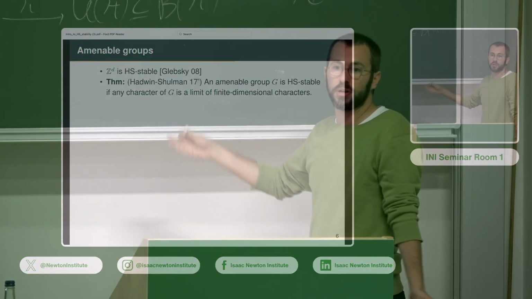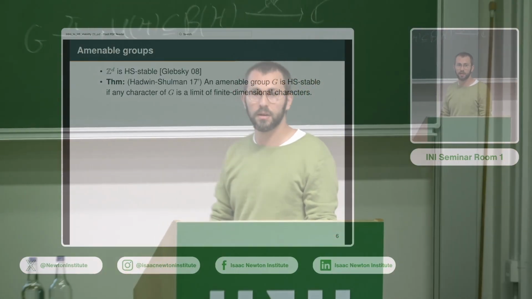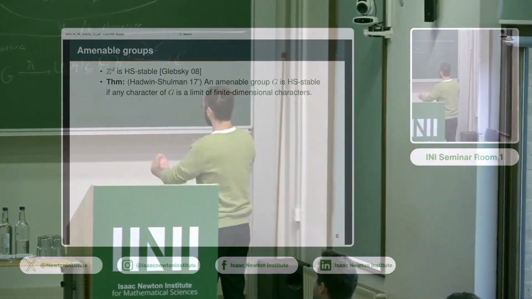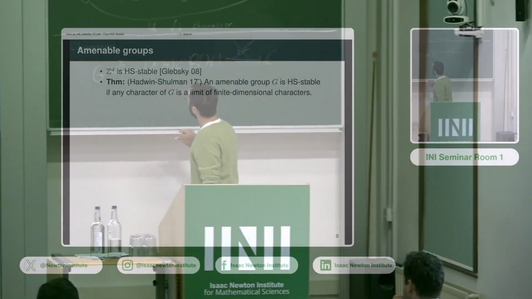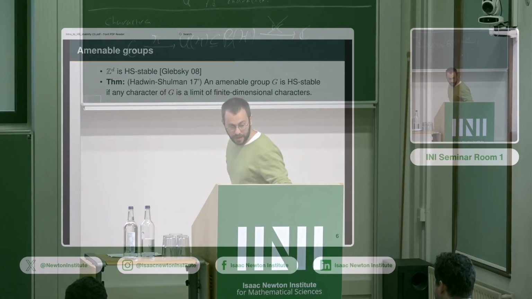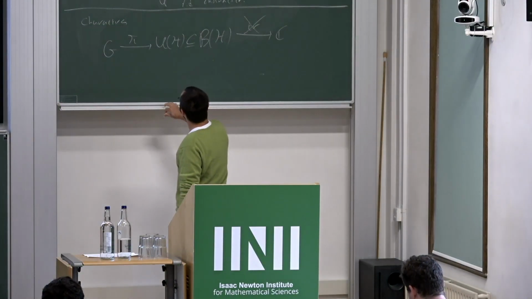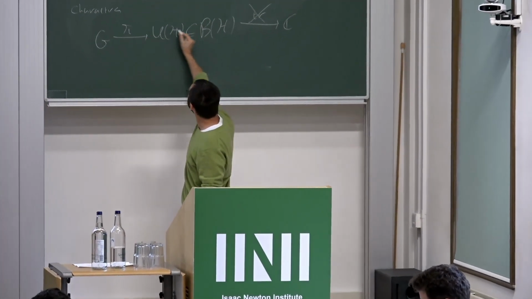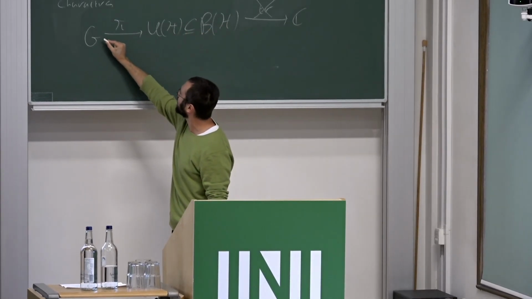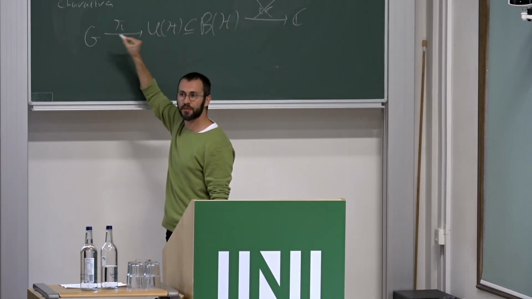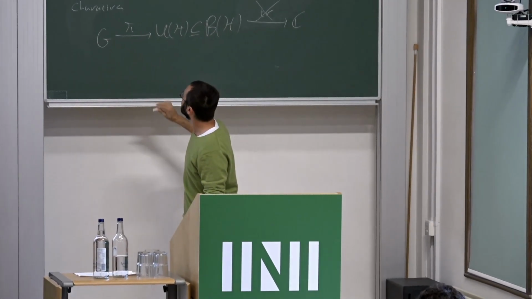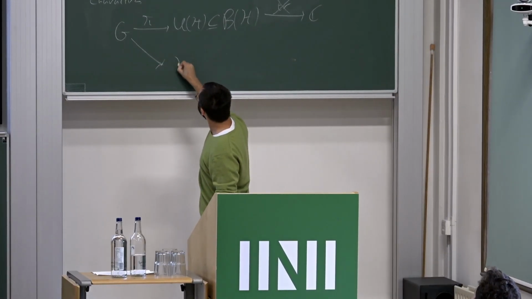There's no linear functional on B of H that one could feel good about calling a trace. But actually we're not trying to take the trace of all bounded operators, we just want to take traces of operators that come from the representation of G, right? So what you do is that you bypass this as follows.